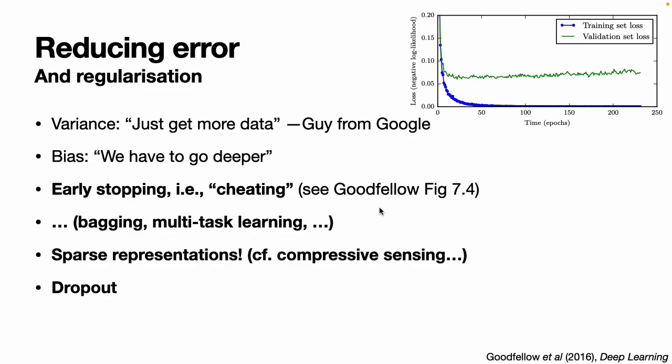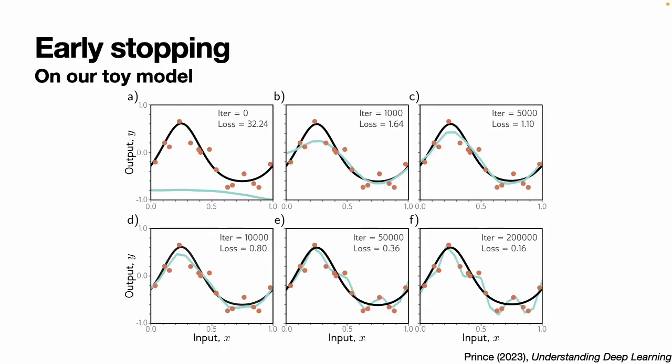There are different ways to do this that link to compressive sensing. So you try to find low-dimensional, sparse models, and you achieve the same result there. There's dropout. I'll talk about dropout in a sec. We'll do that in a bit more detail.